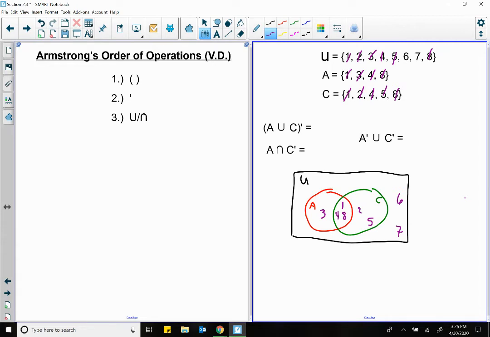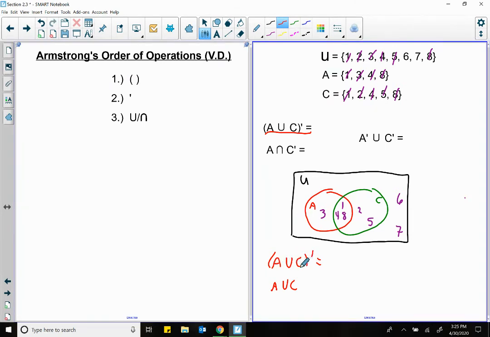So there is our Venn diagram. Now we can answer questions. So let's start with this one right here. A union C complement. Kind of like what we just did a second ago. So the first thing that we're going to deal with is this A union C. Because if we look at our order of operations, it says parentheses first.